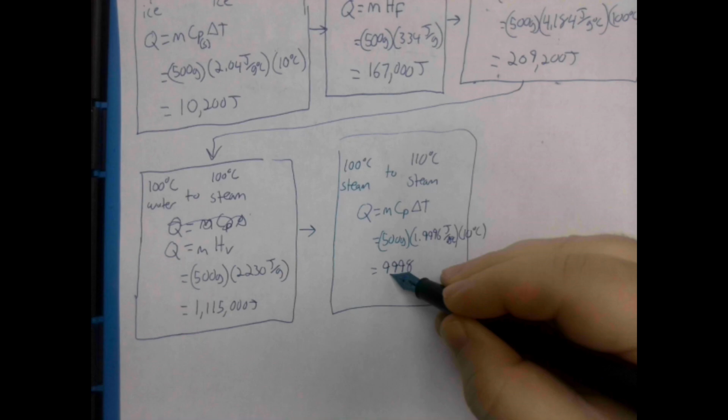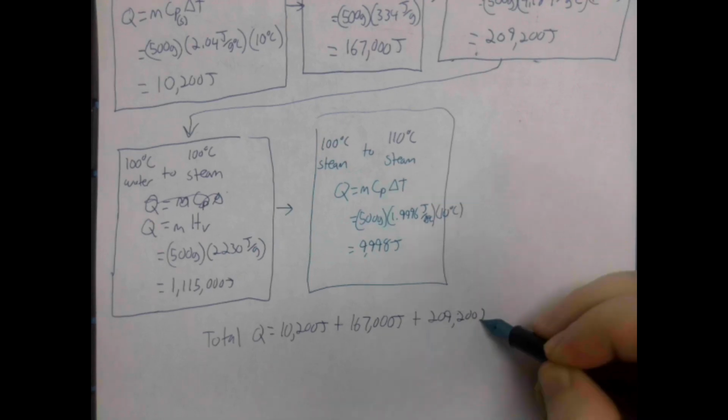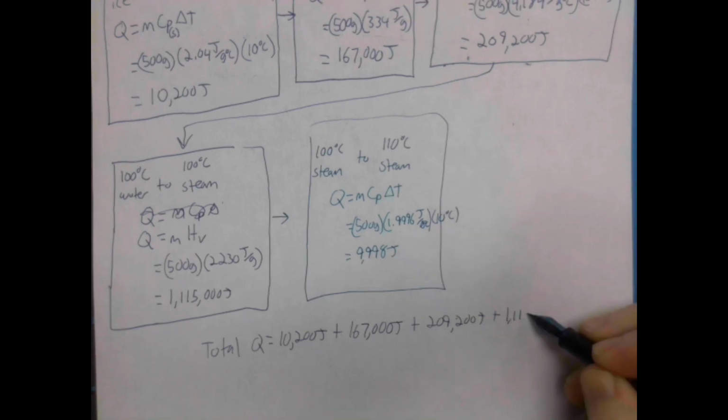Now then, the question says, how much energy does it take to go from negative 10 to 110? So the total heat would equal 10,200 joules plus 167,000 joules plus 209,200 joules plus 1,115,000 joules plus 9,998 joules.